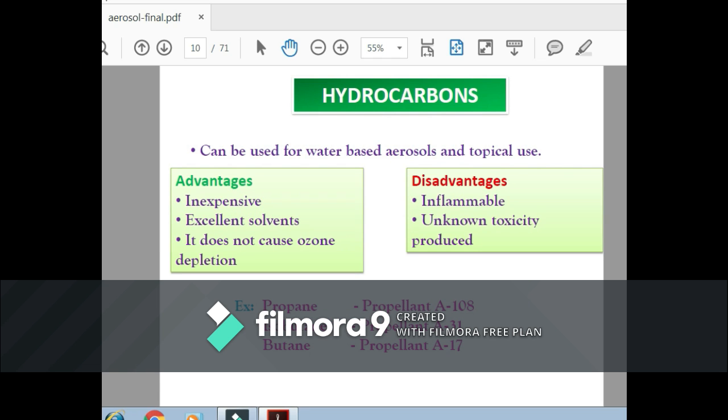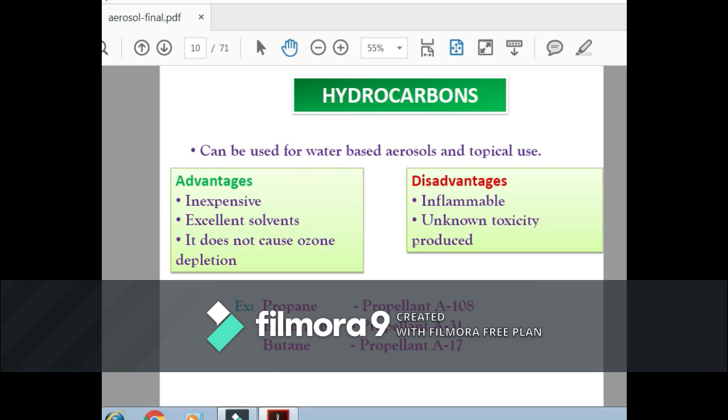Then another category is the hydrocarbons. This kind of hydrocarbons are used for the water-based aerosols, specially for topical use purpose. So advantages of hydrocarbons are they are inexpensive. It means they are not costly. Then they are excellent solvents for most of the drugs.